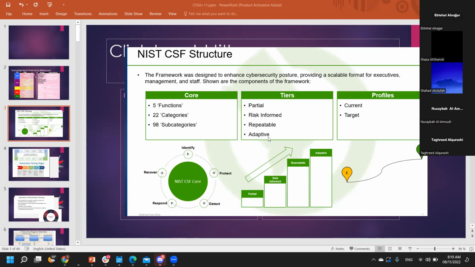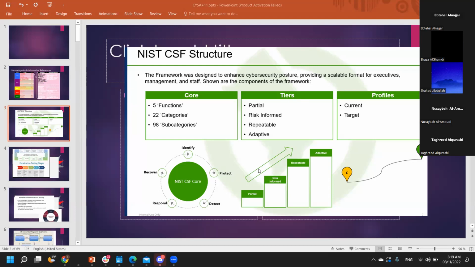And then the last thing that you want to reach is adaptive, meaning even if a new risk has emerged, you can easily implement these 5 functions and be able to adapt to the new risk and find a mitigation for it. So this is what we call the implementation and the maturity level.